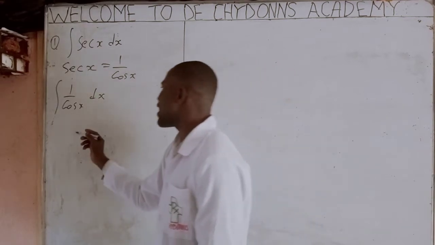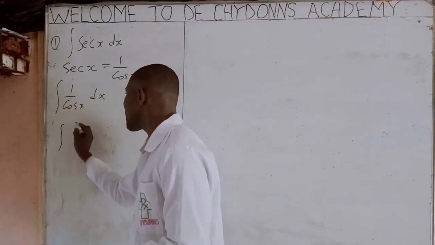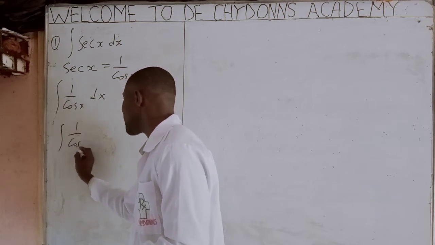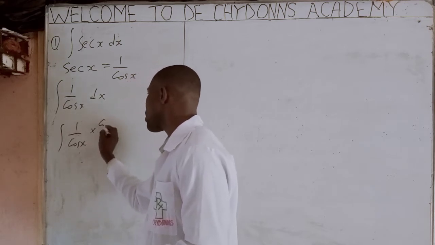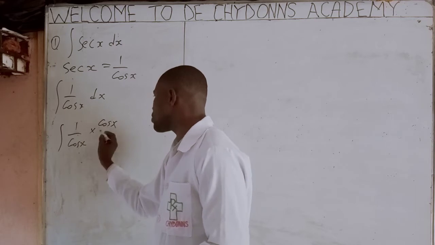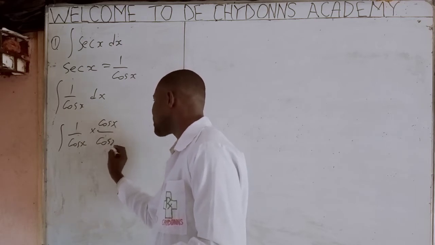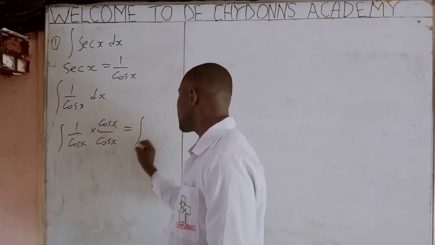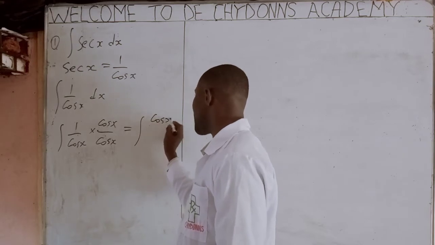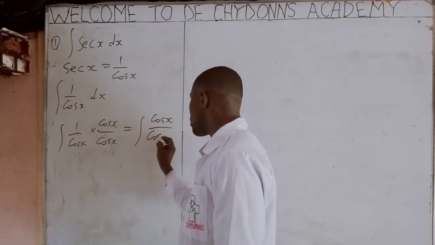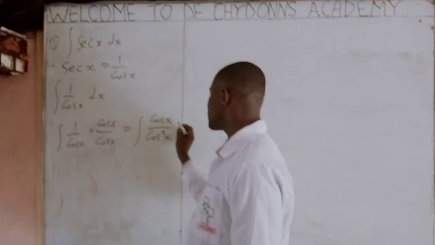Now, we rationalize. We say this is integrate 1 over cos x. We multiply by cos x, which is the denominator, all over cos x. That will be giving us integrate cos x all over cos squared x dx.